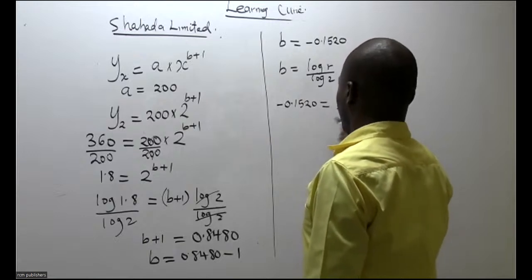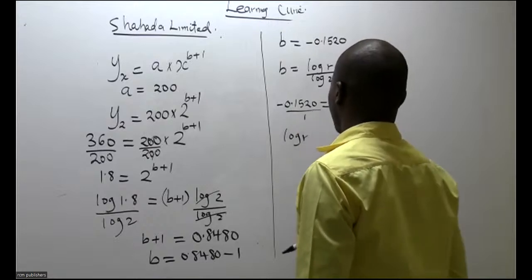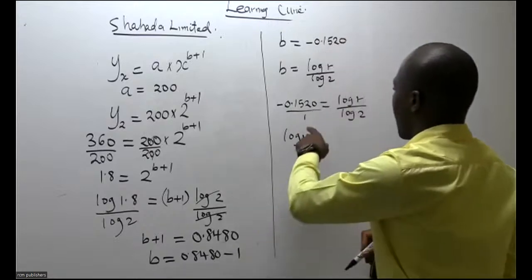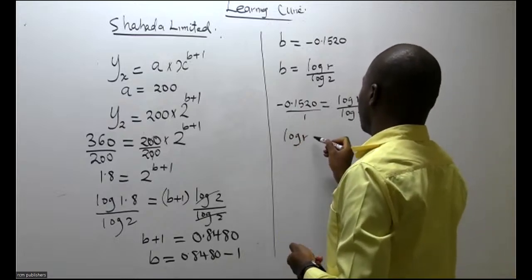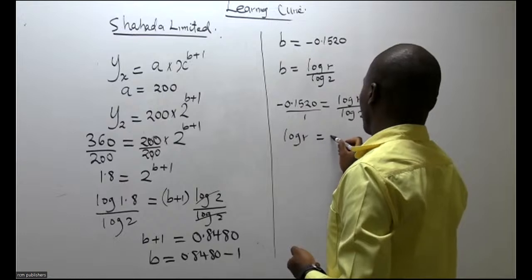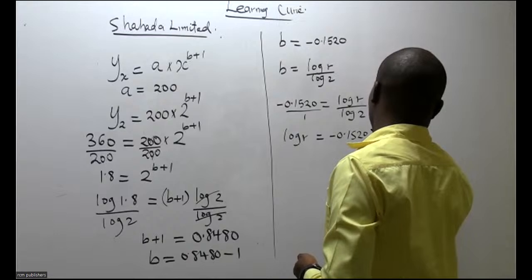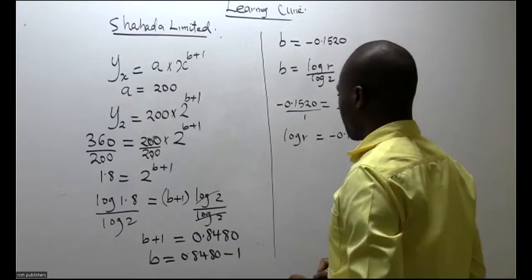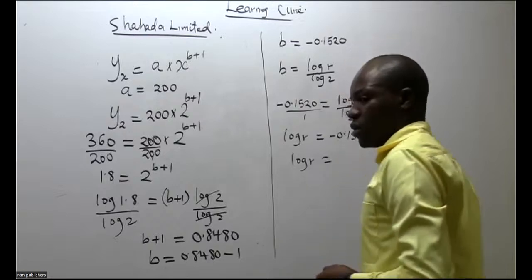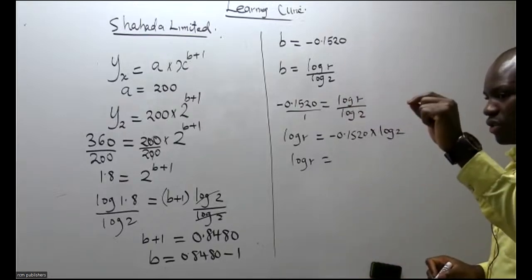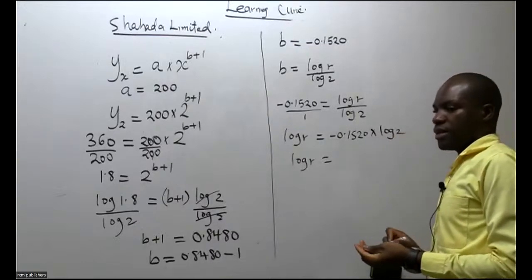This R is unknown, so you cross multiply: log R is equivalent to negative 0.1520 times log 2. So our log R will be equivalent to the answer you have there times log 2.